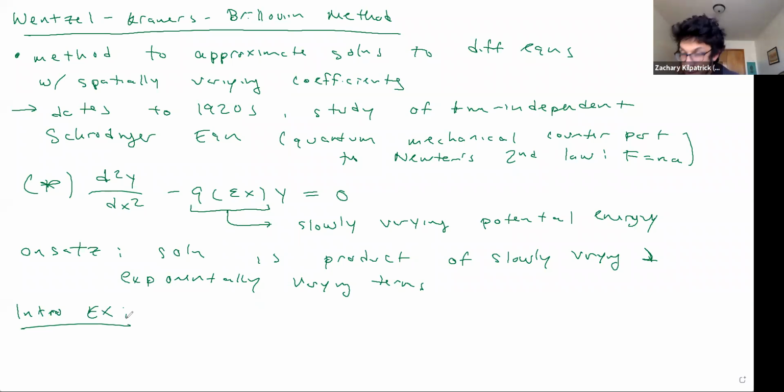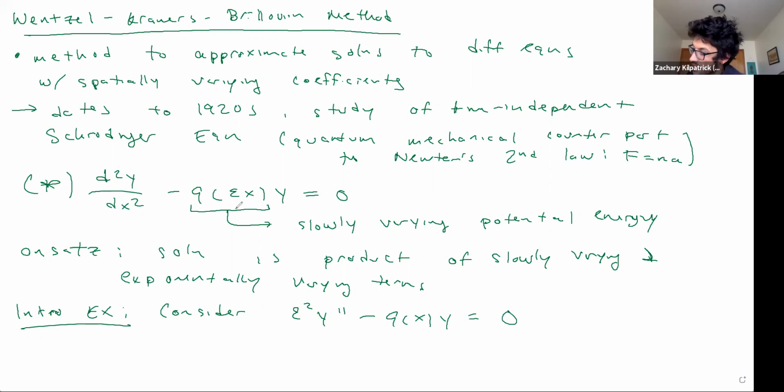So our intro example here, okay, and we're roughly following chapter 4 in Holmes for this module of the course. We're going to consider in particular epsilon squared y prime prime minus q of x y, which is now not going to involve any epsilon. This is equal to 0, okay?